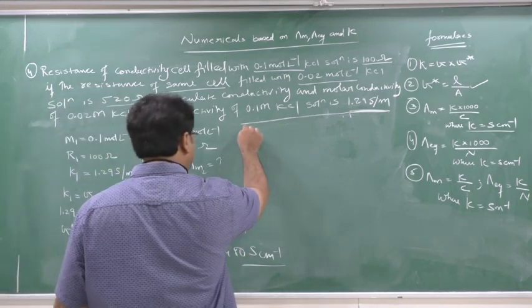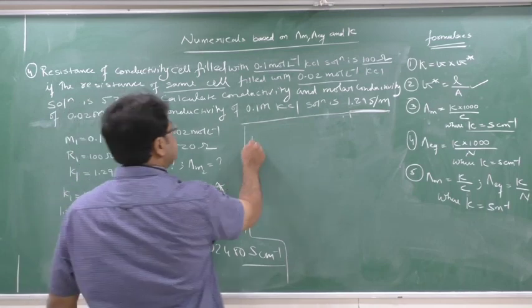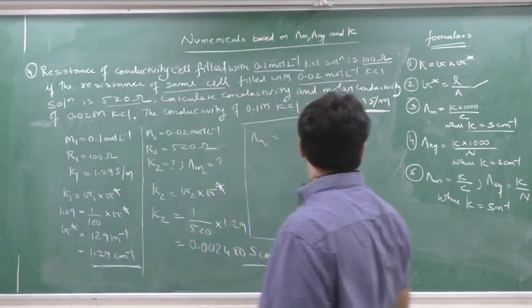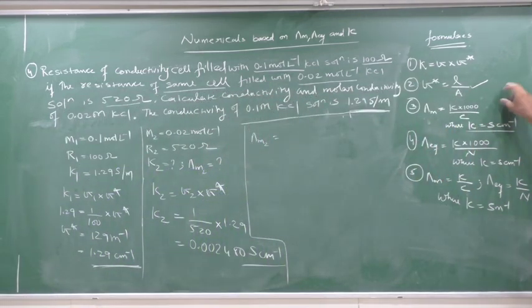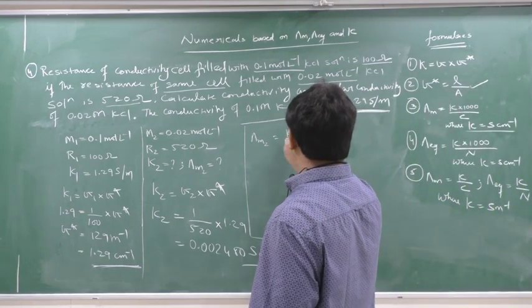Now I calculated K2. Now the question comes for lambda M2. Now you can see here lambda M2. For lambda M, I have two formulas. First formula is K times 1000 upon C, another one is K upon C. So here, Siemens per centimeter means we use K times 1000 upon C, where C means molarity.